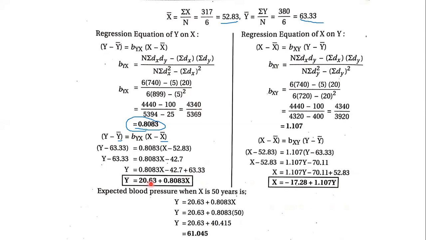You get plus, not minus. So first write the constant and then write the variable. The constant is 20.63 plus 0.8083x is the second part of the equation. So that gives me the regression equation of y on x.